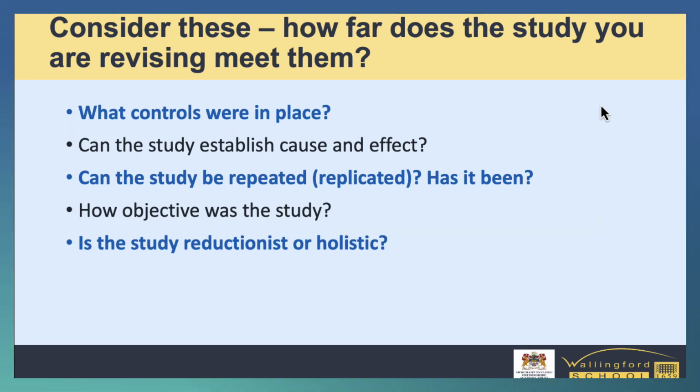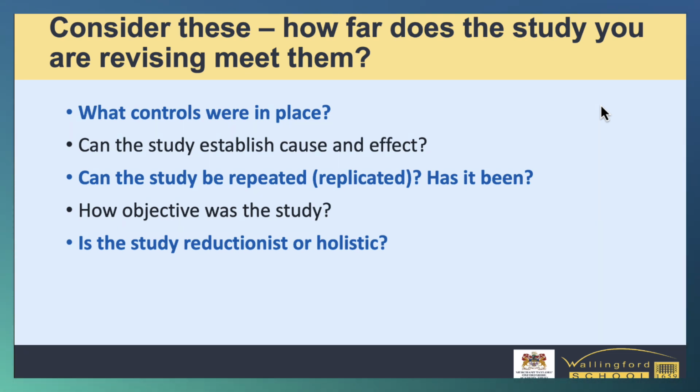We might also consider whether a study is reductionist or holistic. Reductionist is this idea, if you remember, of trying to find the smallest explanation possible for a behavior. So if we consider something like brain research, that might be the way a particular brain structure works, so the amygdala, or the size of the amygdala, or the way that the prefrontal lobe is working.